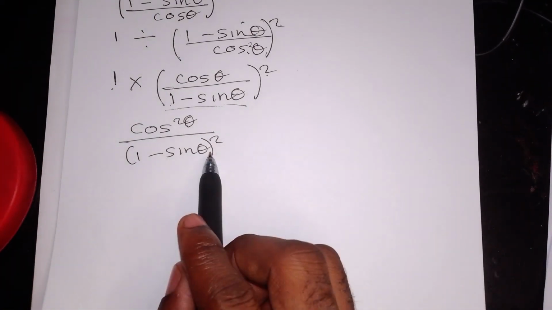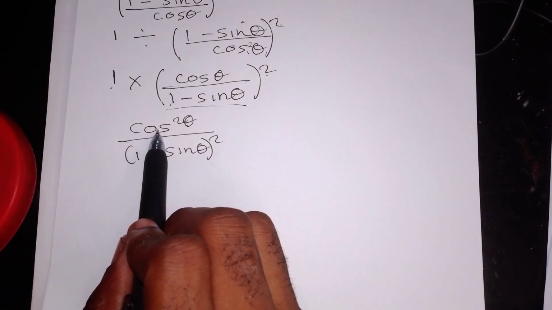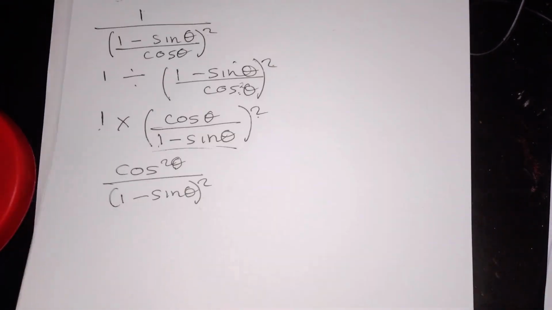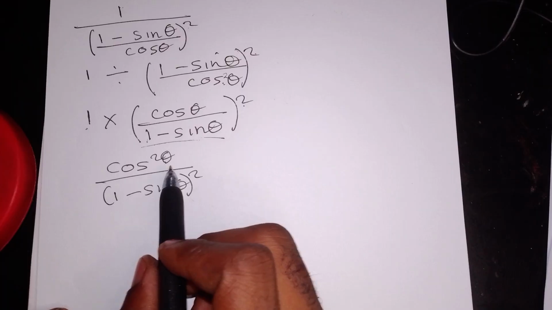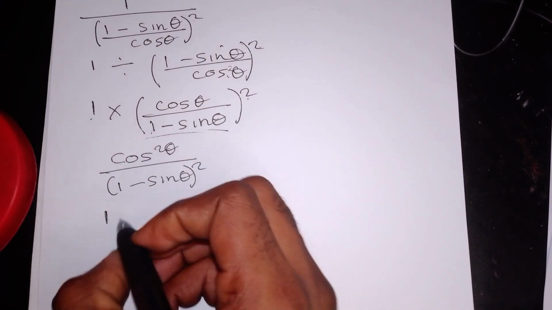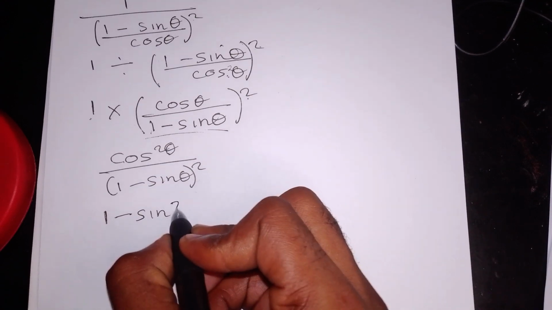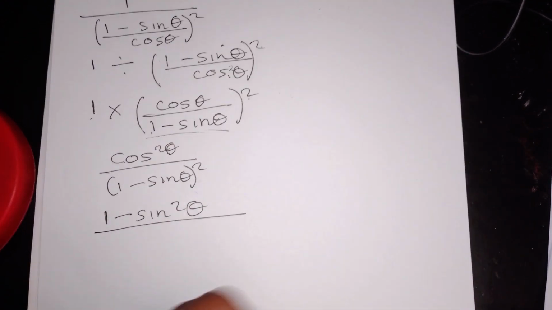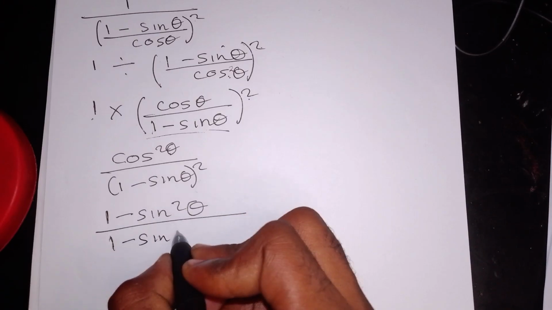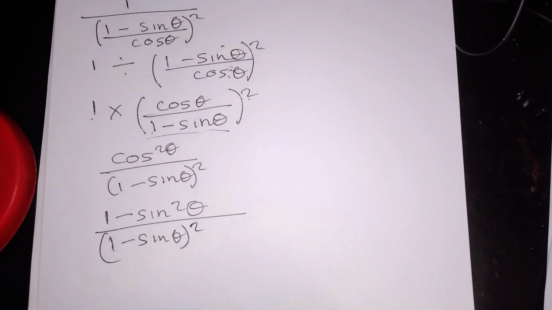So just leave it like this and then change this, because we want 1 plus sine theta in the numerator. So from the first identity, I believe by now we know that this is 1 minus sine squared theta over 1 minus sine theta squared.